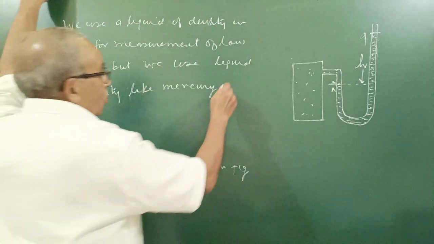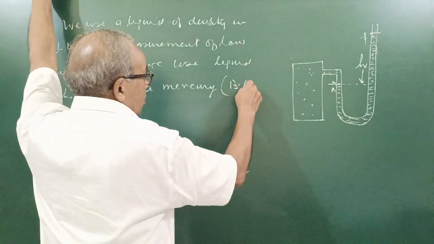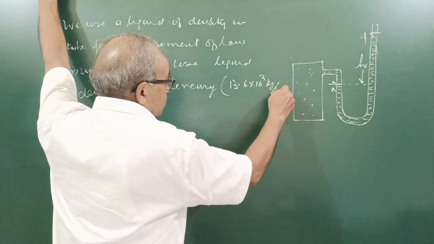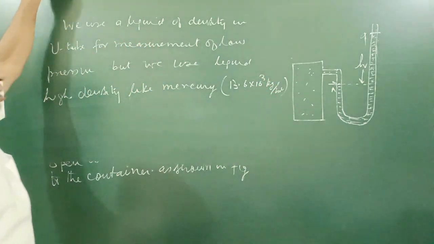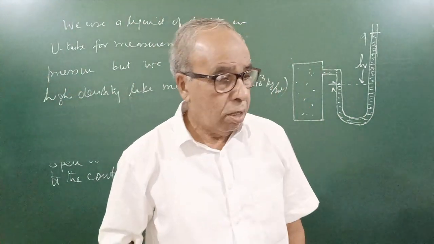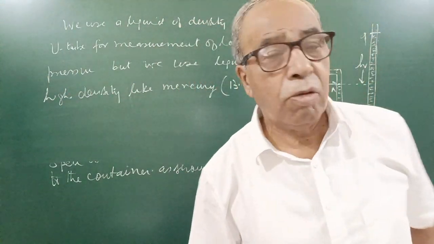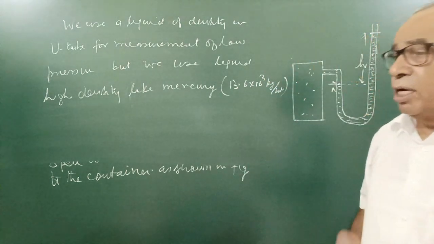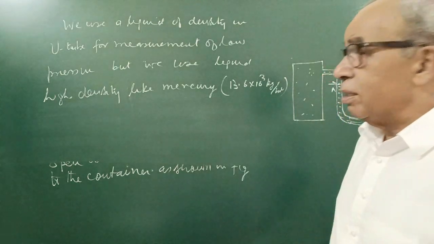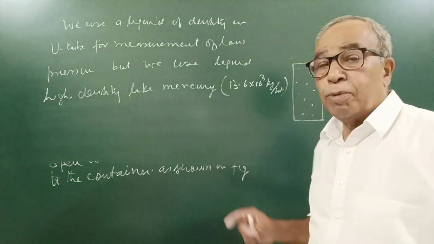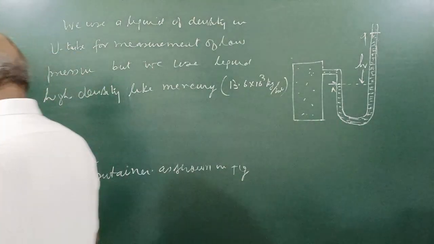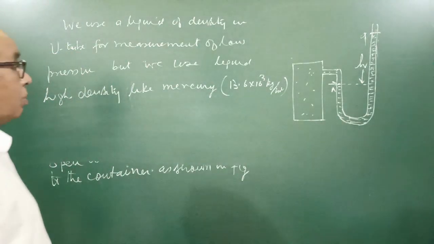And remember, density of mercury is 13.6 times 10 to the power 3 kg per meter cube. Density of water is only 1000 kg per meter cube. If you take a container of 1 liter, that will have 1 kg of water, and that 1 liter container will have 13.6 times 10 to the power 3 kg of mercury. 14 times heavier.